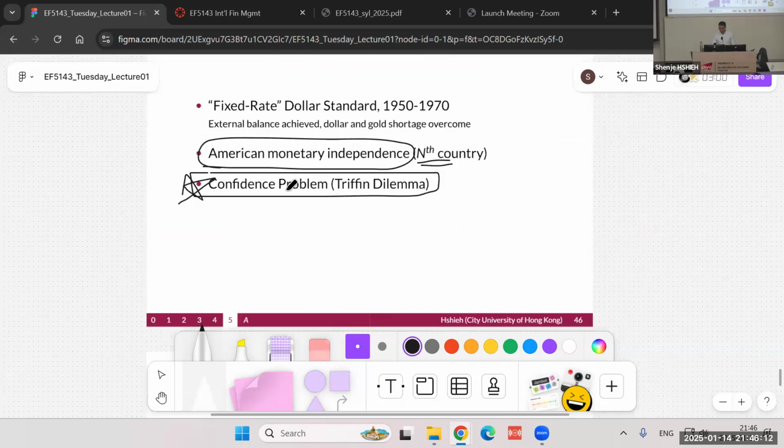You get what's called the Triffin dilemma, because if the US has any indication of failure or collapse, you will have what's called a bank run problem. People try to redeem their dollars for gold, right? And that's bad. Bank runs are bad, okay?